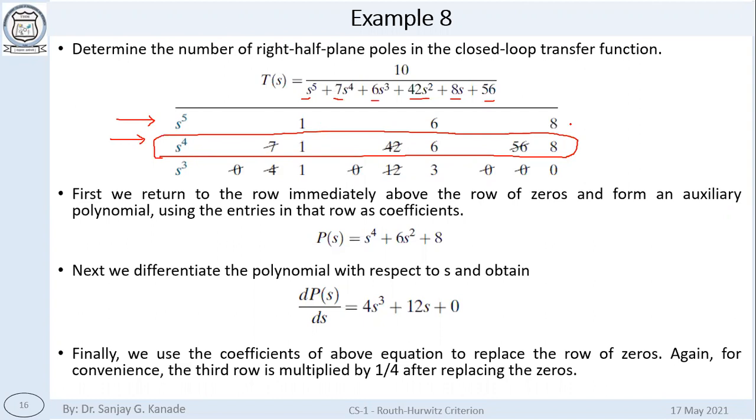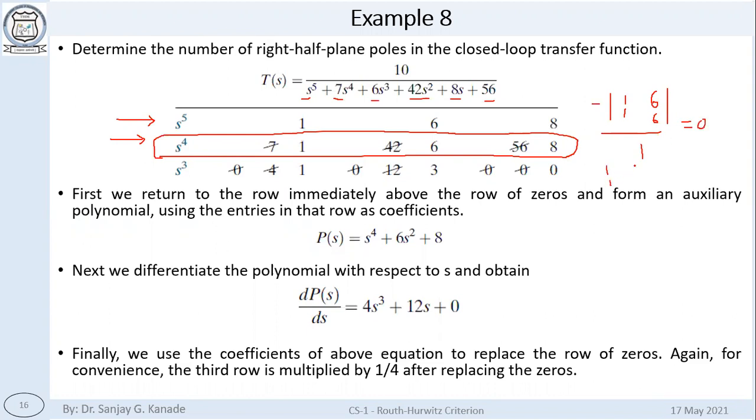Now you can see the s raised to 5 row and s raised to 4 row are proportional. So whenever there is something like this, you will find that there will be a row of 0 which will follow. You can check: 1, 1, 6, 6 divided by 1. This will be 0.